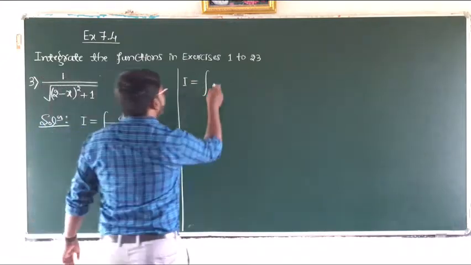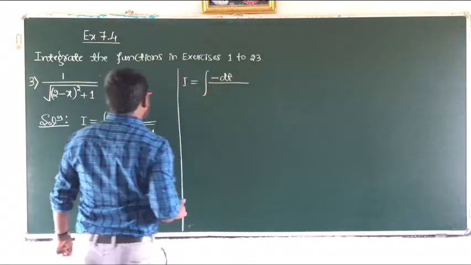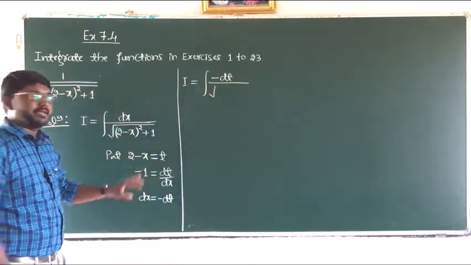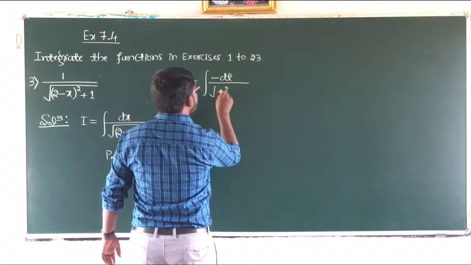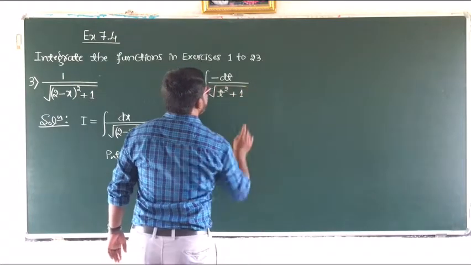So rewrite the integral. I which is equals to integral minus dt divided by square root of 2 minus x the whole square plus 1, that is t square plus 1.